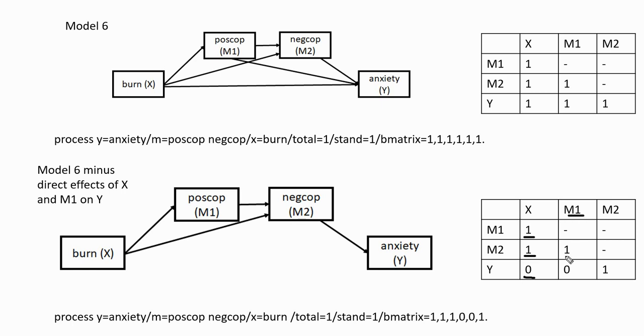Then we have M1 predicting M2, so that coefficient is 1, but M1 is not predicting anxiety, so we're giving that coefficient a 0. And then we have M2 predicting Y, so we're giving that coefficient a value of 1. So these are the coefficients for this particular model right here.